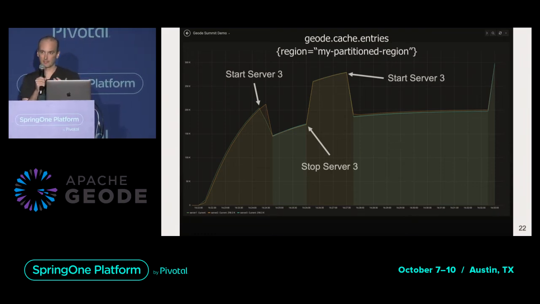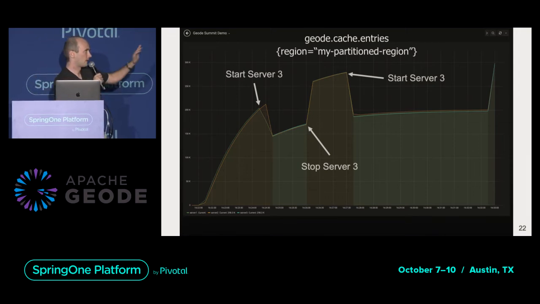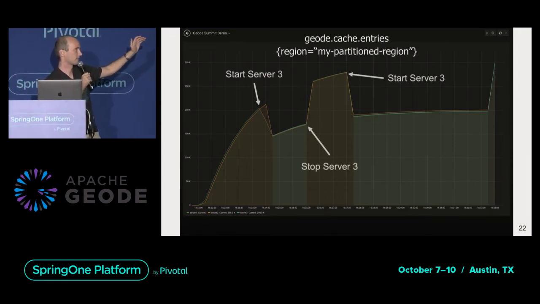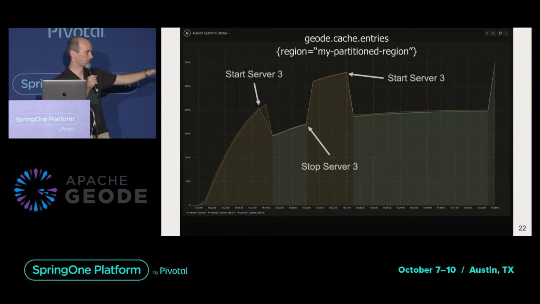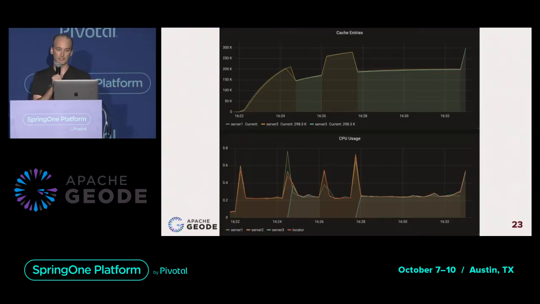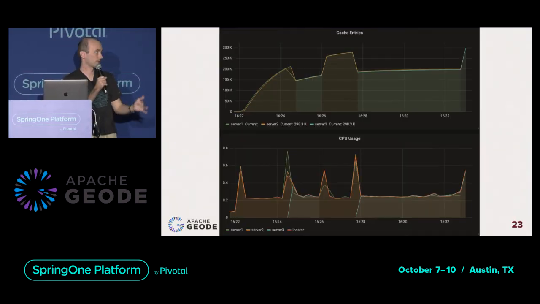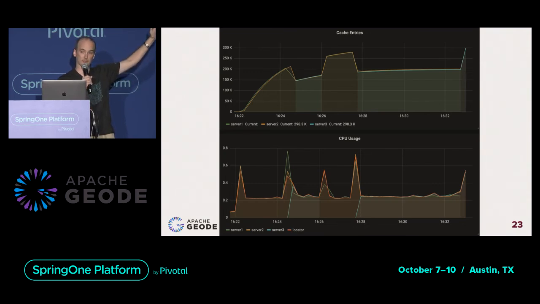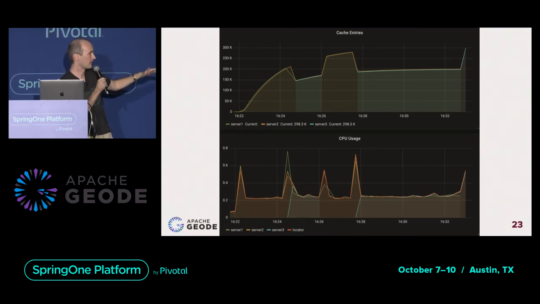So the neat thing about all of this is now that I've done it for one particular set of meters. This was 4 specific meters watching a partition region just for entries. We can start to correlate this with potentially other pieces. On the top is the entries that we were just looking at, and on the bottom is actually the CPU usage. And we can see that there are spikes on the CPU usage that correlate to those rebalances.